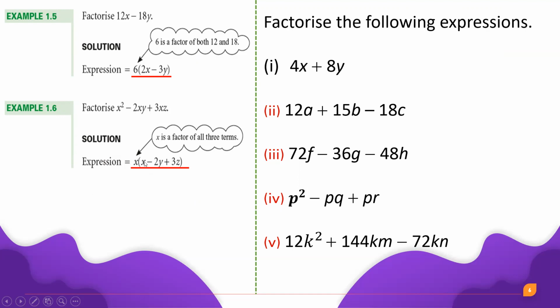So you factorize it out. x squared divided by x, you get x. 2xy divided by x, you get 2y. 3xz divided by x, you get 3z. So this is what you remain with inside. So you factorize out the greatest common factor possible for all the terms.